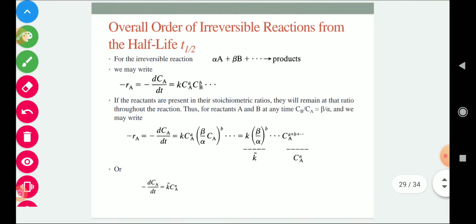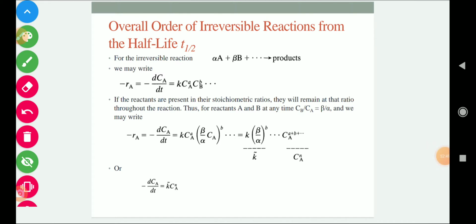Now there are other methods for calculating order of reaction and rate constant. One is the overall order of reaction from half life t1/2. Half life is the time required for 50% conversion.